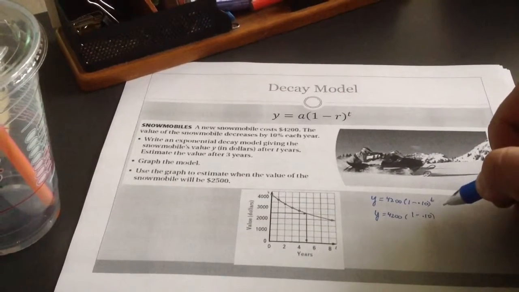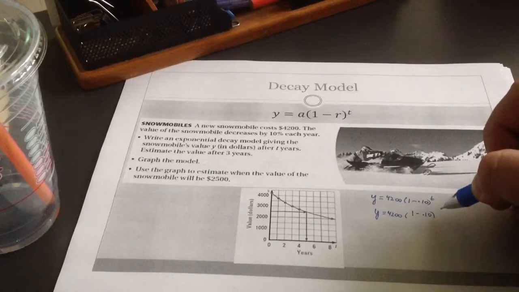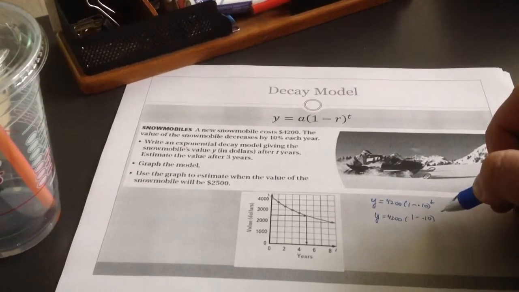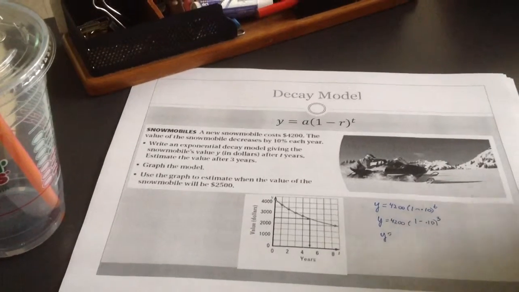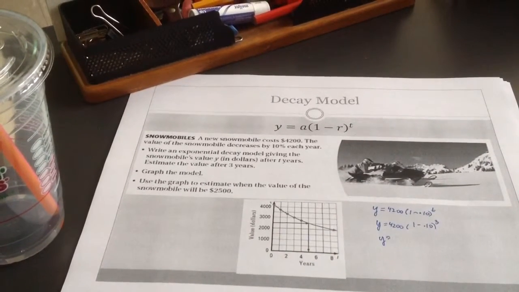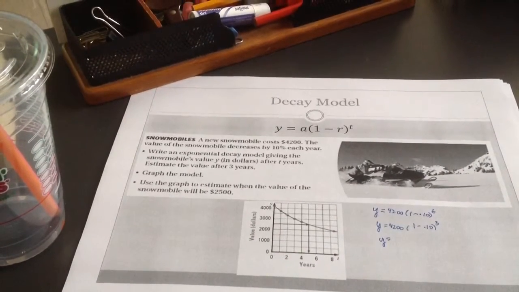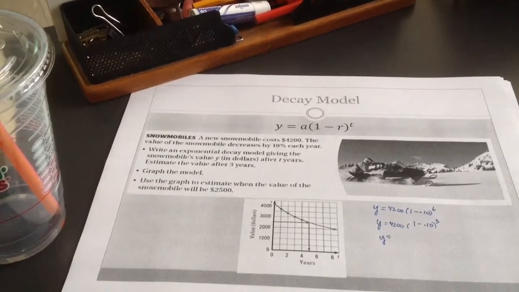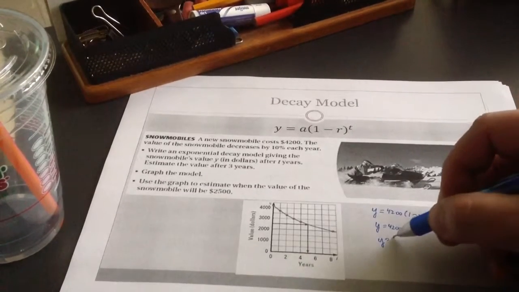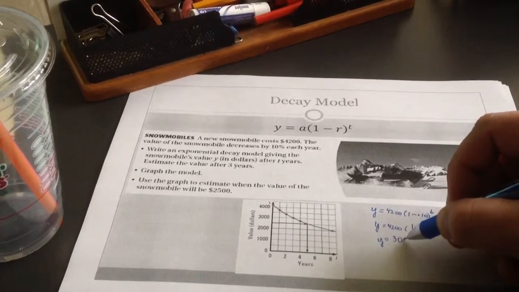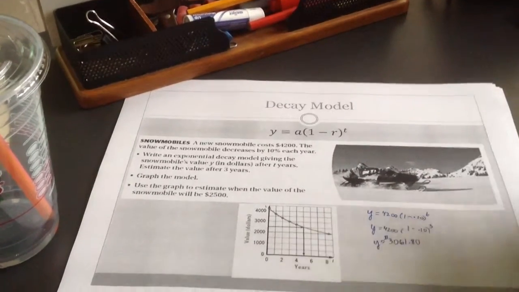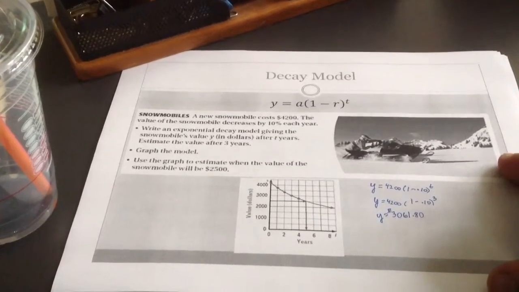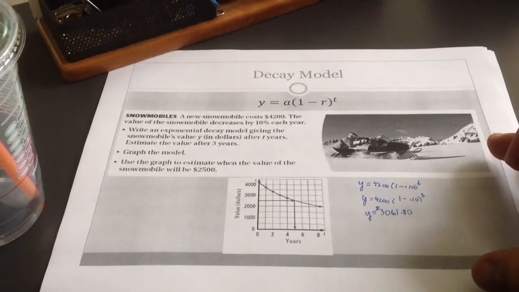Again, you could have used a base of 0.9 if you subtracted that. That'd be fine. And we raise it to the third power for 3 years. And it's dropped to $3,061.80, which is unfortunate if you decided you wanted to resell that snowmobile.